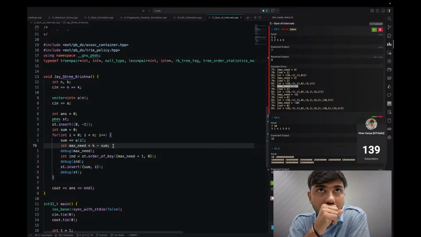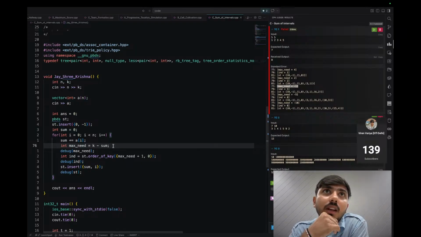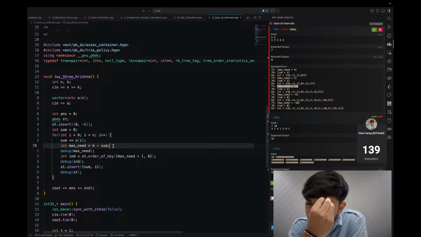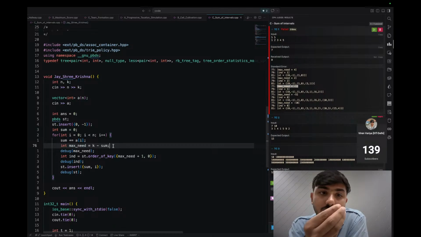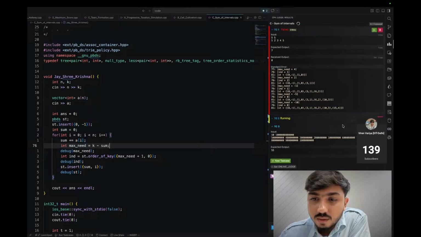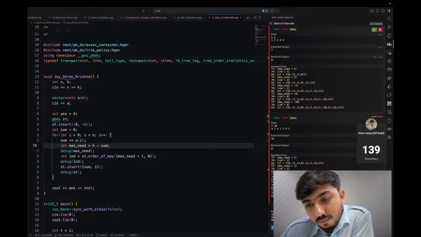Current sum is ai and my target sum is K. Why am I getting minus?